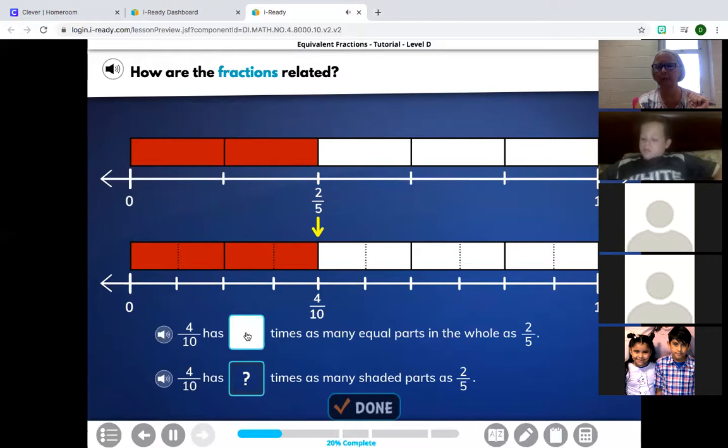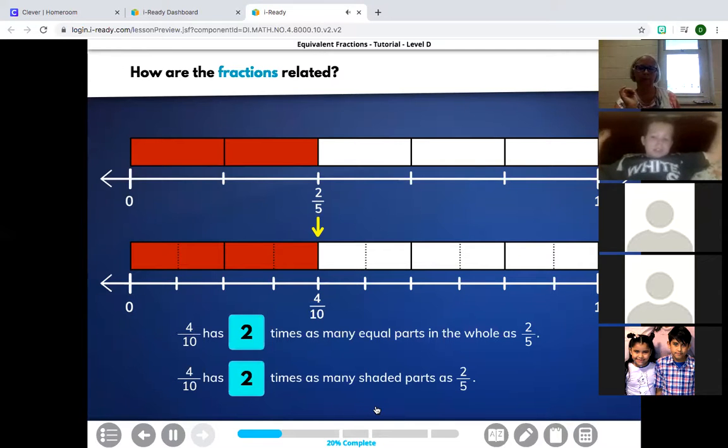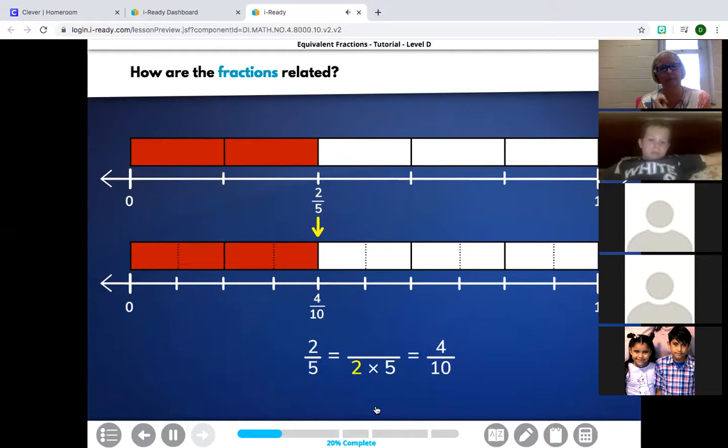What do you think? 2 times. Okay, let's look. Nice. There are 2/10 and 1/5. So 4/10 has 2 times as many equal parts in the whole and 2 times as many shaded parts.